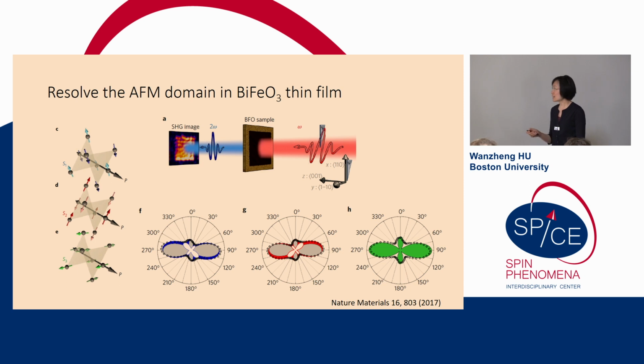Here they are studying a thin film where they know this material has multiple domains, with different antiferromagnetic orientations. So they can exactly measure this from the SHG. It's very powerful: you see this flower is a little bit asymmetric along this direction, which corresponds to one antiferromagnetic domain, and when it's asymmetric along that direction, it is another antiferromagnetic domain.